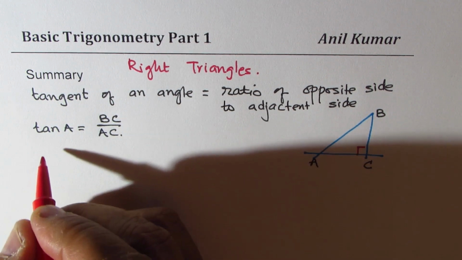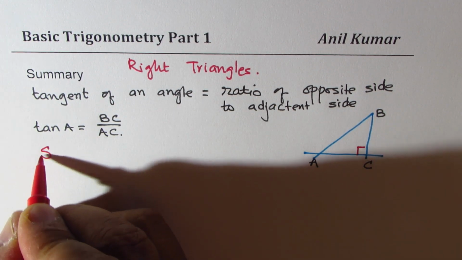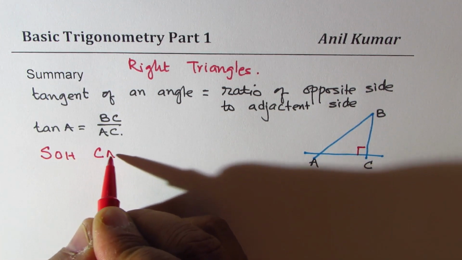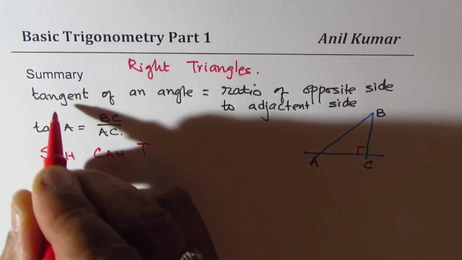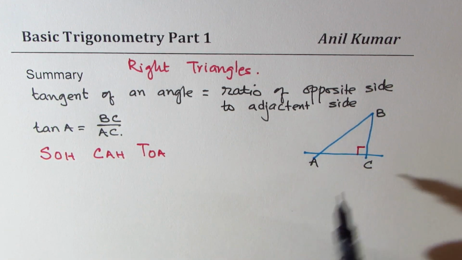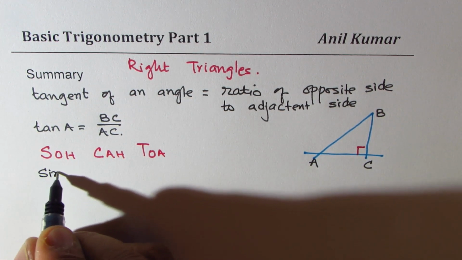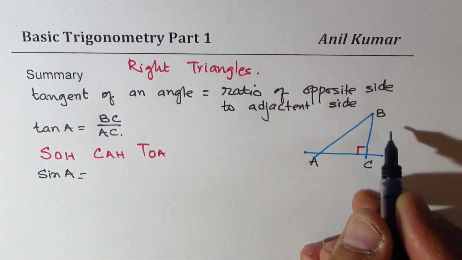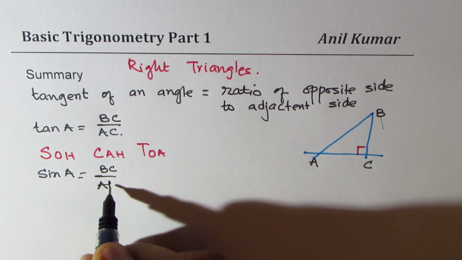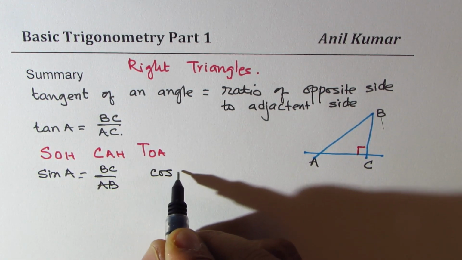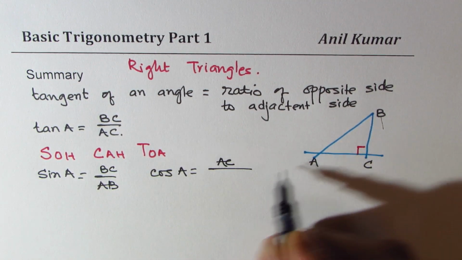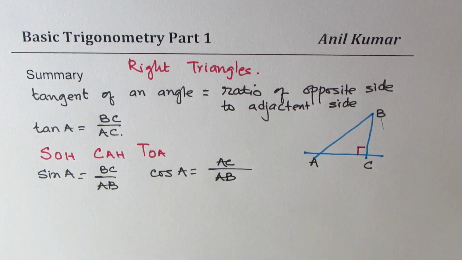We learned the other trigonometric ratios: sine is opposite over hypotenuse, cosine is adjacent over hypotenuse, and tan, as you can see here, is opposite over adjacent. So for this particular triangle, we could write sine of A as the opposite side BC over the hypotenuse AB, and cos of A will be written as AC over AB.